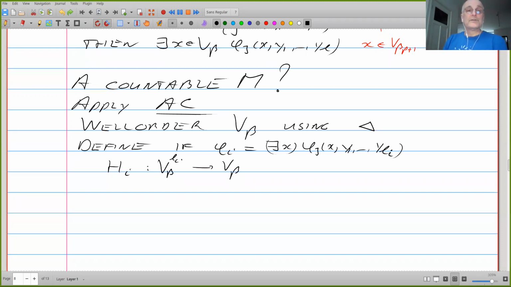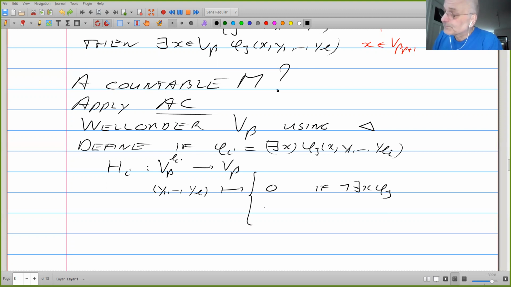We define a function from V beta to the power L_i to V beta, and we do the same thing as before. If there is no X for our Y1 up to YL, don't do anything, just send Y1 up to YL to 0.